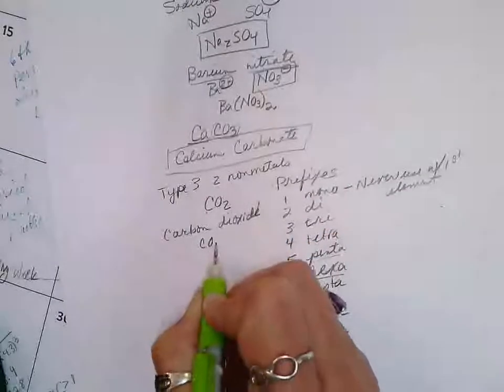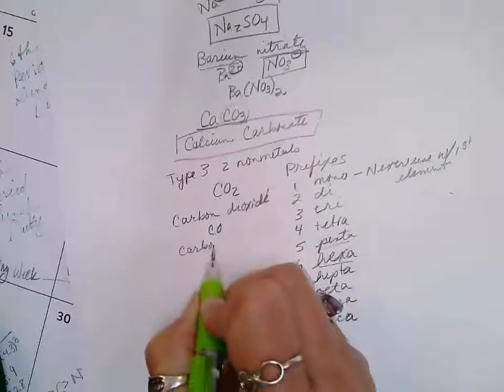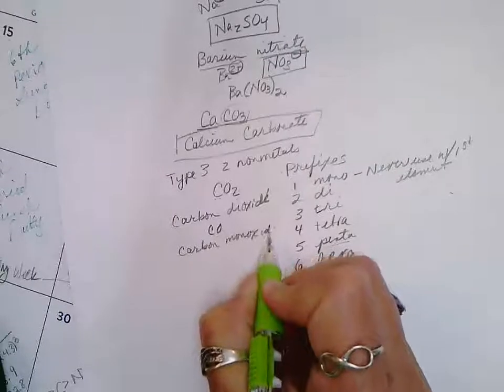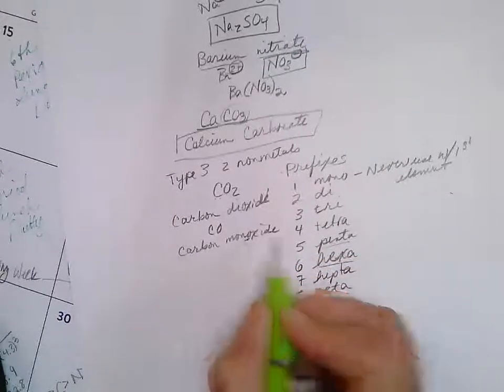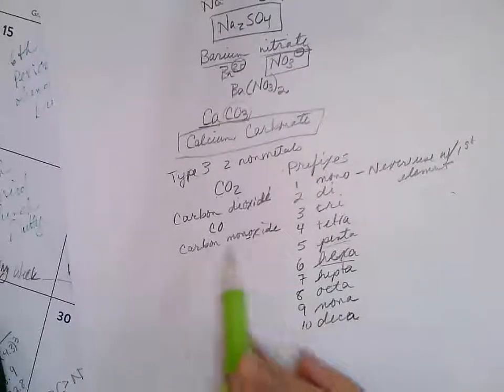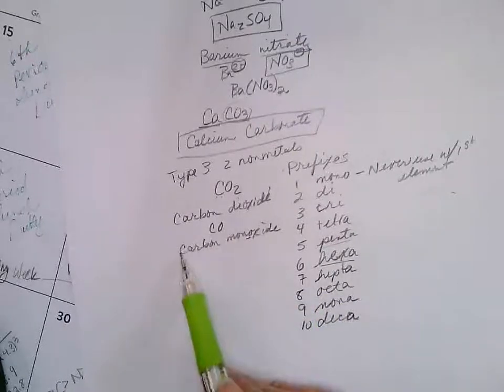To distinguish it from this compound, which is carbon monoxide. If you get 2 of the same letters together, you typically drop 1. So these, I think, are easy when you have the name to write the formula because I'm telling you exactly how many to put where.